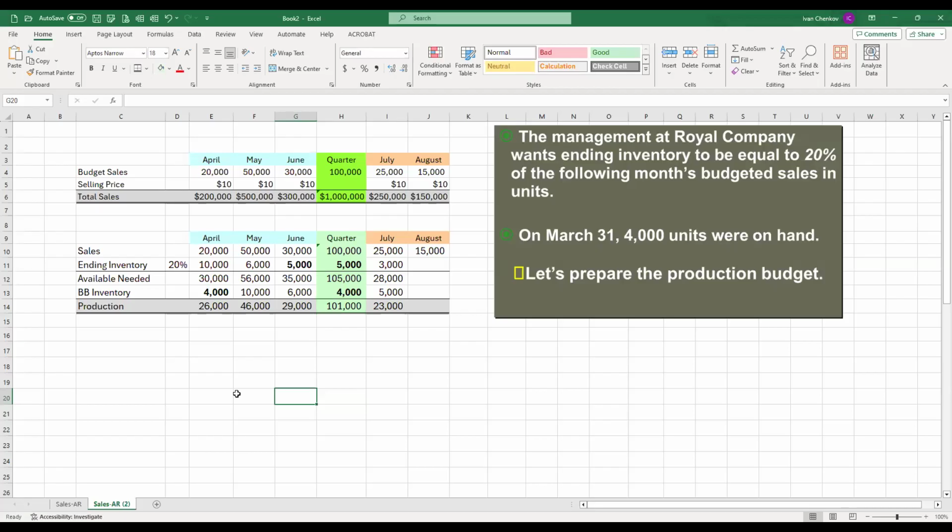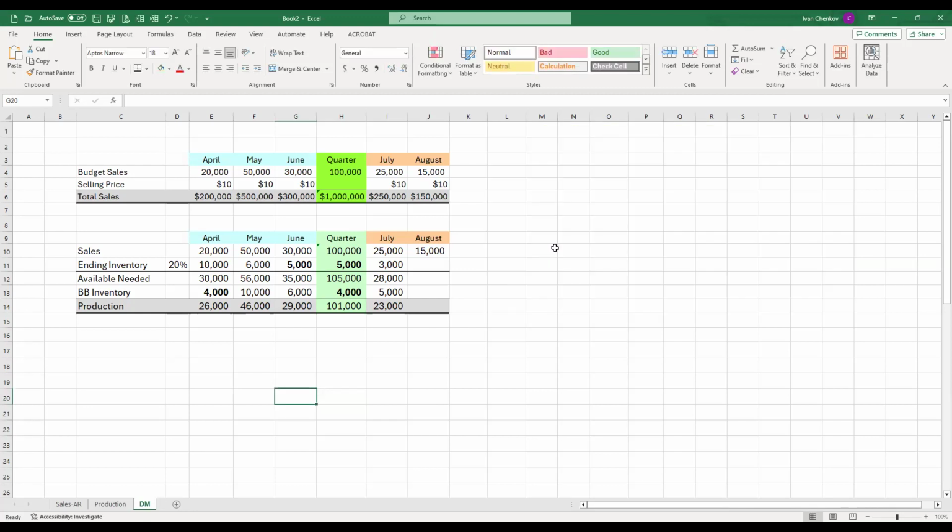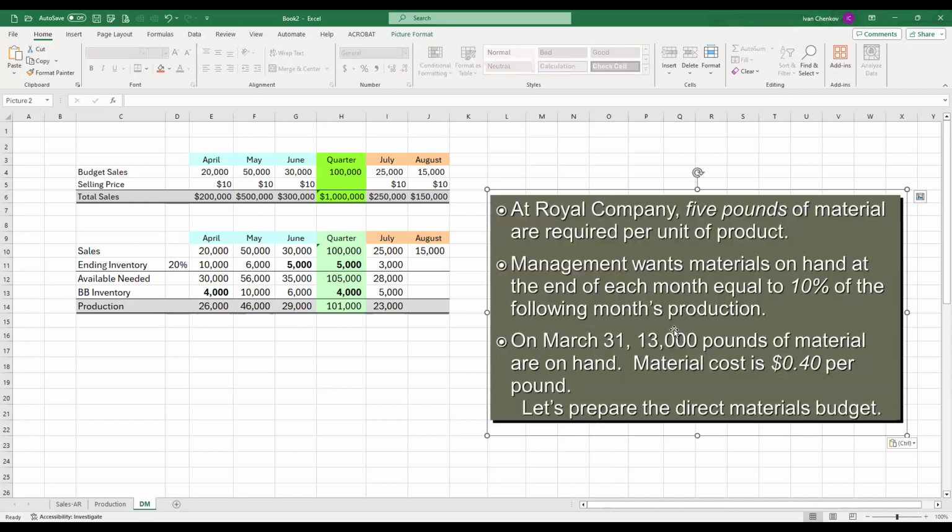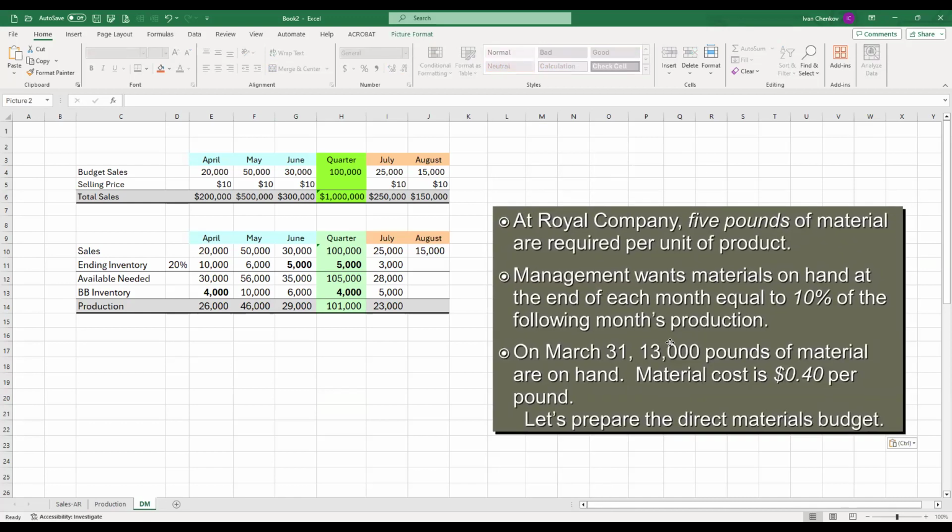Okay, we're back to the Excel spreadsheet. So here we did production. Now let's move to the next one, and let's do our direct material. We don't need this one. That information is already used. So let's paste the new information. This is the information for the material.